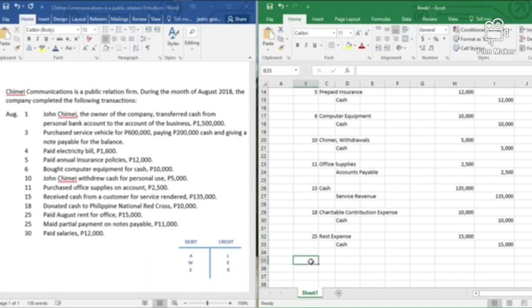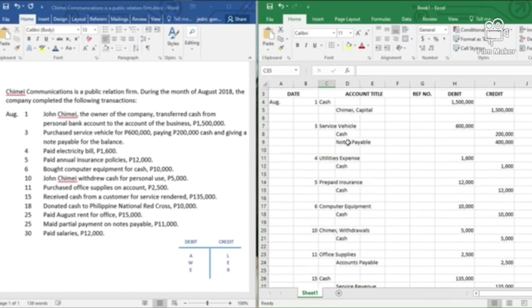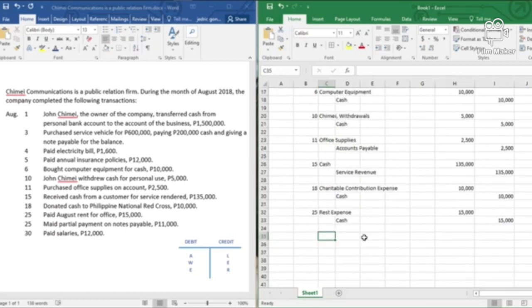Now, let's have another, 25 pa rin. Made partial payment on the notes payable, 11,000. Okay, if you could still remember, meron tayong notes payable here na galing sa pagbili nila ng service vehicle. Nag-partial payment daw si Chimmy Communications.